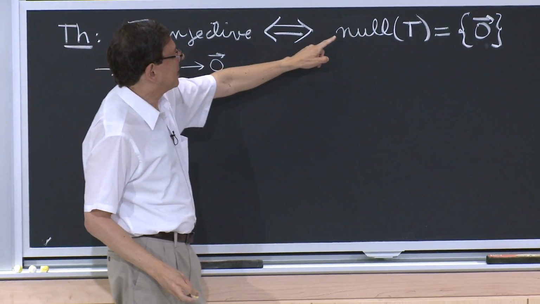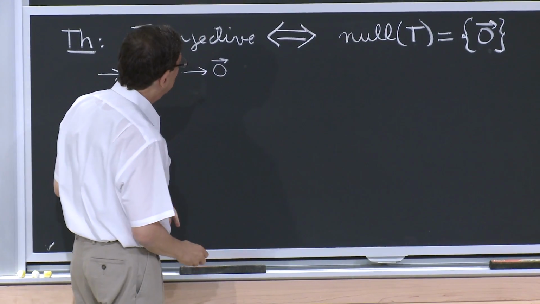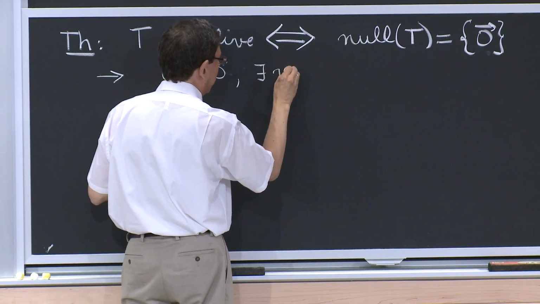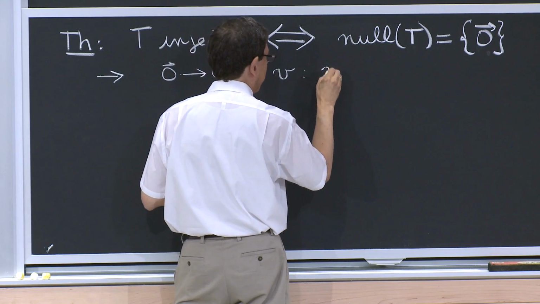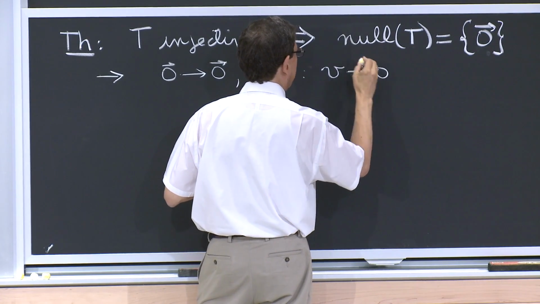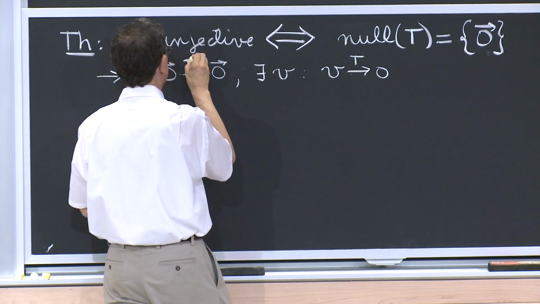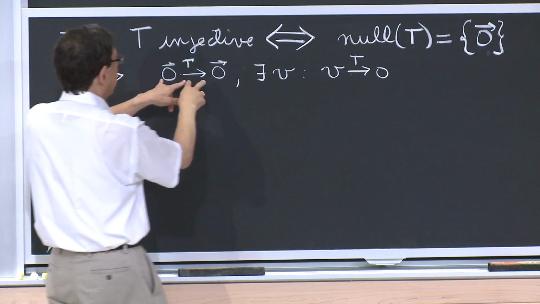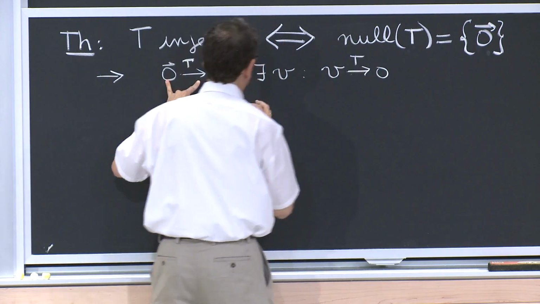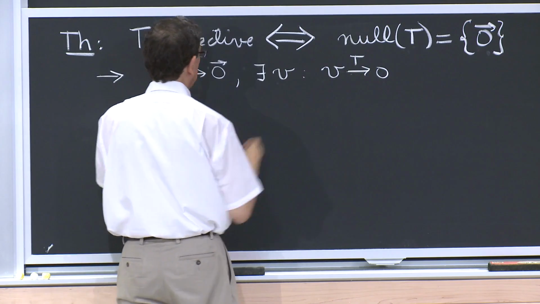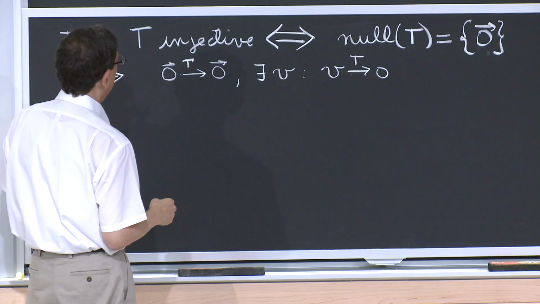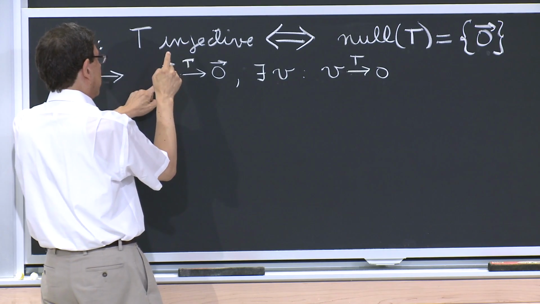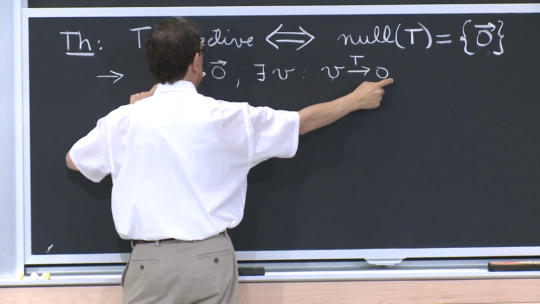But if the null space had more than the zero vector, then there would be some vector V such that V is taken to 0 by the operator T. So if the null space was bigger than 0, there would be a vector that is also killed. But then you will have a situation where the operator is not injective, because two different vectors, 0 and V, are taken to the same one.